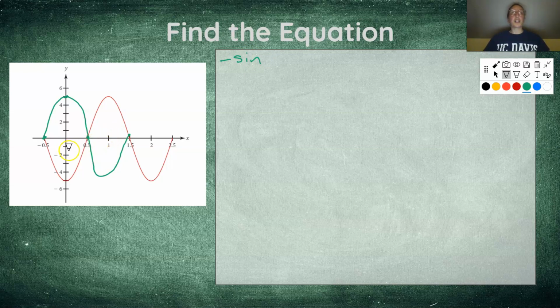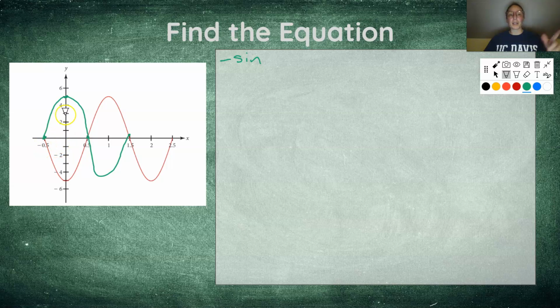If your function mirrors your base function, in other words, it's an exact reflection across the x-axis: sine is supposed to go up first. If your graph goes down first, you're either a cosine graph or a negative sine graph. Cosine is supposed to go down first. So if your graph goes up first, then you're either a sine graph or a negative cosine graph.